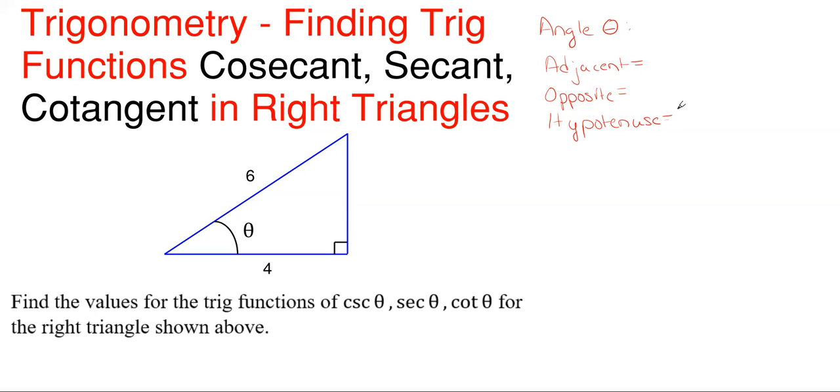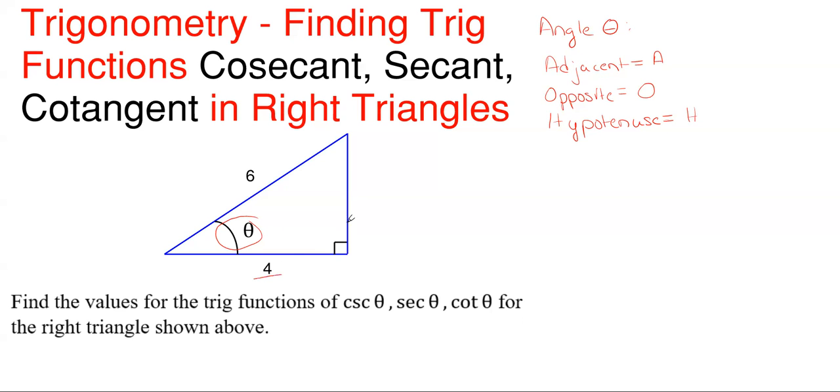So with the adjacent side, we're going to label that abbreviated as A, opposite as O, and the hypotenuse as H. Now, looking at our angle theta here, the adjacent side will be the shorter side leg that is attached to the angle or where the angle is being measured from.